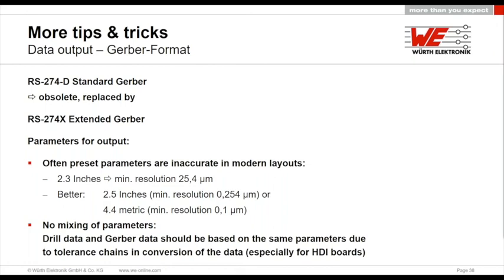And when you look at the tolerance chains, there could be the issue that the middle point of the drill and the middle point of the pad do not fit anymore due to these different conversions and resolutions. This creates effort in our design rule and input department, because those middle points need to be matched again, or we send back the layout to you and tell you, please use a different parameter set so that these middle points are matched. So this saves cost again, because work doesn't have to be done.